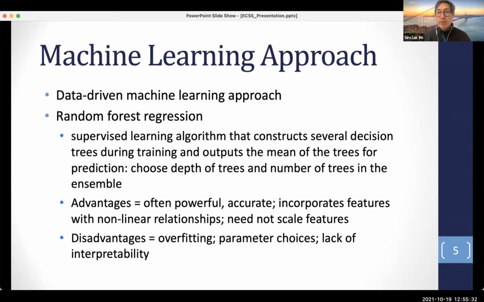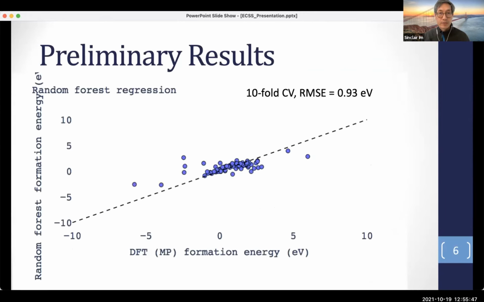It's pretty powerful. It's robust. You don't have to scale, which is really useful in this case. But it's hard to interpret the model sometimes, but that's the trade-off that we had and that you have in a lot of machine learning.